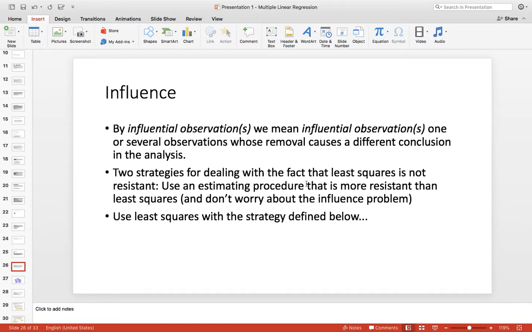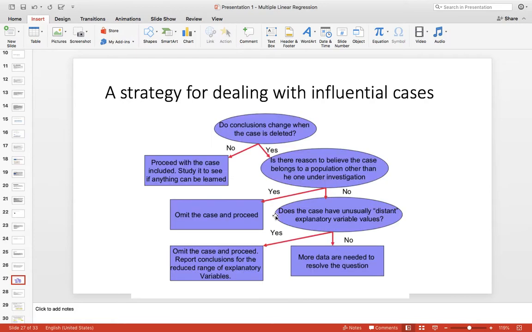Use an estimating procedure that is more resistant than the least squares, and don't try to worry about the influence problem. Or use least squares with the strategy defined below. So this is what you do when you have a variable which is going to influence your results, because when it influences your results, it can also turn out to be wrong.